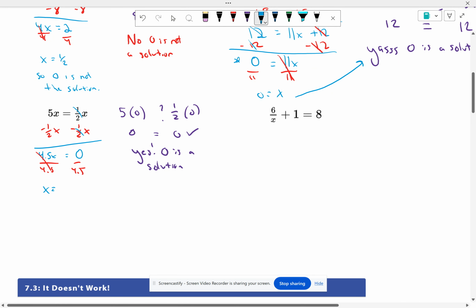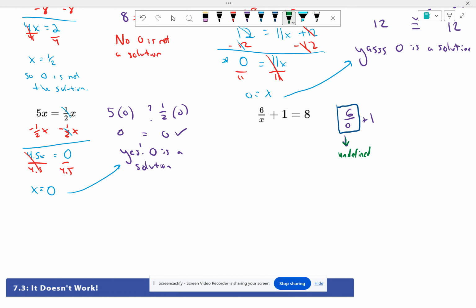And that's because we can divide by any number we want except 0. If I took the value of 6, say I had $6, and I divided amongst 0 people, how much would each person get? And it doesn't work. Or if I want to take, how many groups of 0 would it take to make 6? And it's impossible. And certainly if you add 1 to something that's undefined, it doesn't equal 8. So 0 is definitely not a solution here.